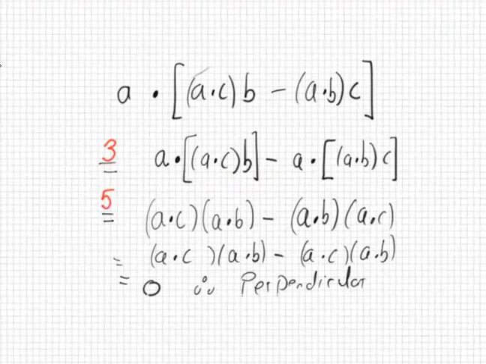Instead of thinking about it as A dot C, think about it as C1 or S1 or lambda or whatever. So you have A dot number B minus number C. But even forget about that. You can even just think about it like this: A dot vector X minus vector Y.